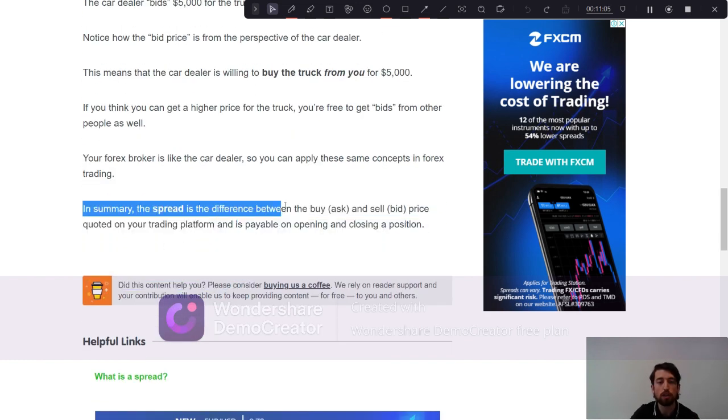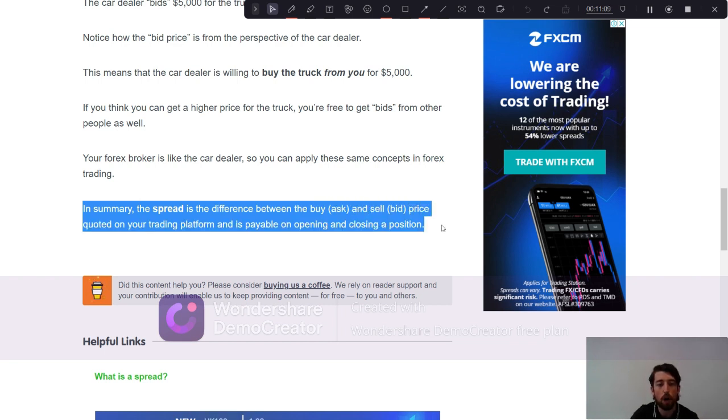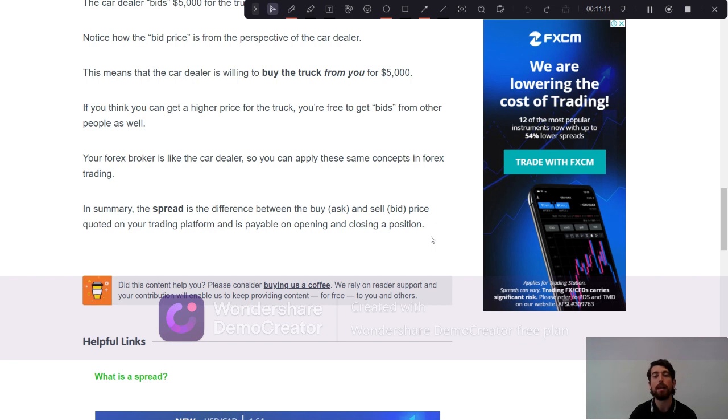In summary, the spread is the difference between the buy and sell price quoted on your trading platform, and is payable on the closing position. So whatever the difference is between that buy and ask price is what that dealer is going to make in commission. If you have a massive difference between the buy and the ask price, you're going to miss out on quite a lot of money, because that's going to be $500, $600, $700, and that's commission that is going to go to the dealer.